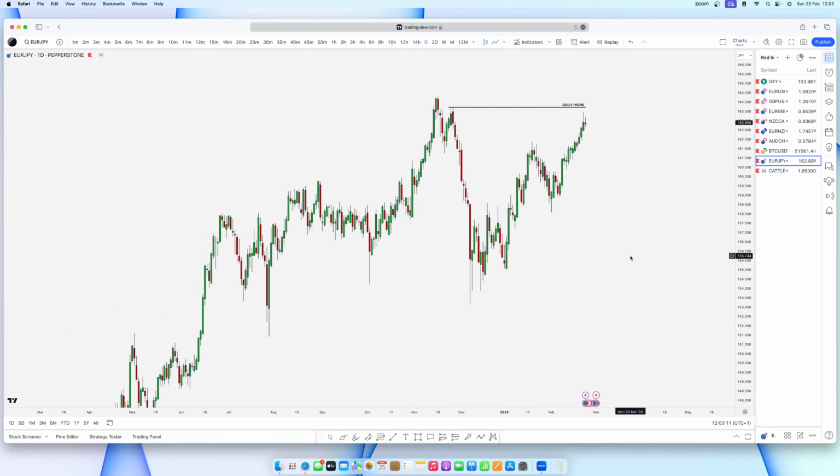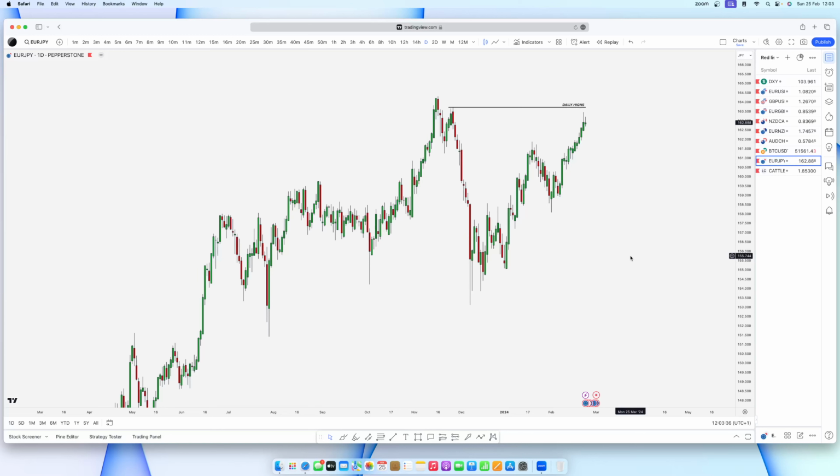The first one I called out for you was CAD JPY, which played out well. Then I called out AUD JPY, also played out well. Now CAD JPY is taking out the liquidity, AUD JPY is taking out the liquidity, Euro JPY is left. So because of the liquidity, I'm also going to be bullish on this.